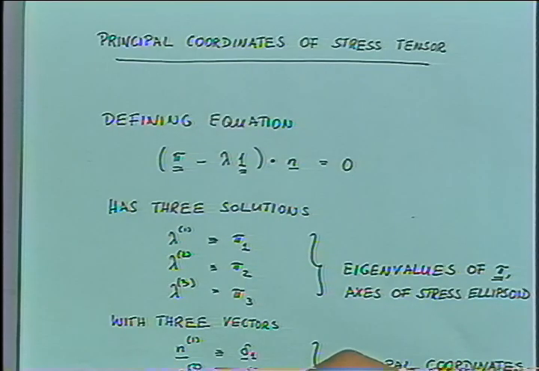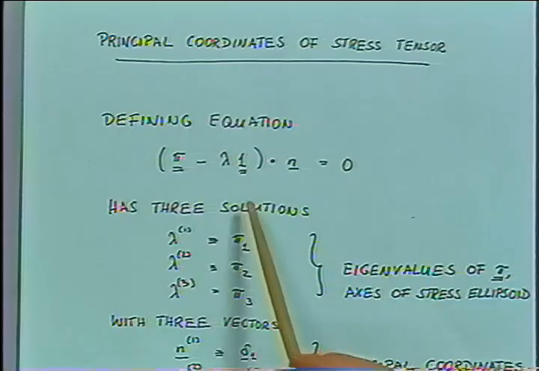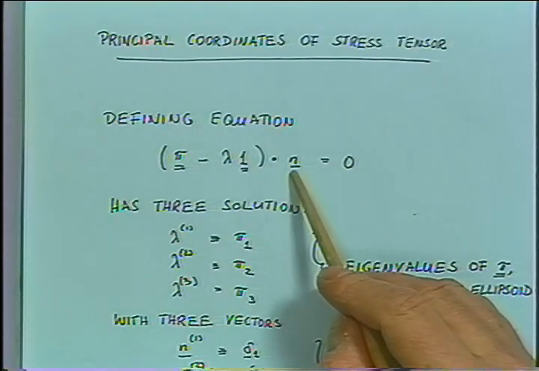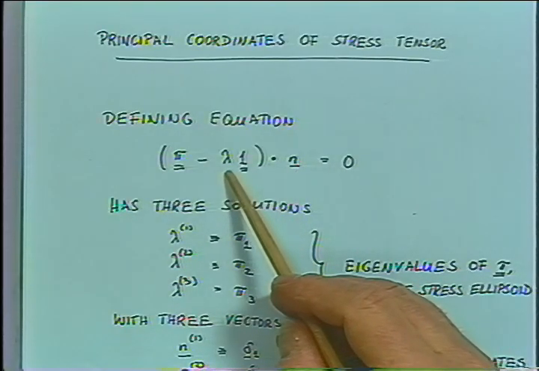If n is pointing in any other direction, then this equation is not satisfied. So this equation defines the three principal directions, giving us the three n's. And it also defines the three stretchers, if you remember that we are stretching n into the length of the principal stress.